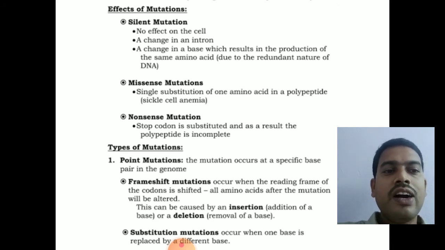That is called nonsense mutation; incomplete proteins are synthesized. So these are the effects of mutation. Silent mutation, there is no change. Missense mutation, a new protein is synthesized with malfunction. Nonsense mutation, an incomplete protein is synthesized, and protein synthesis is terminated.